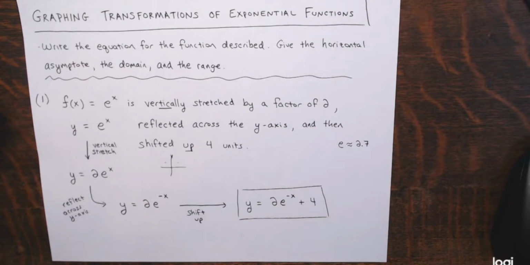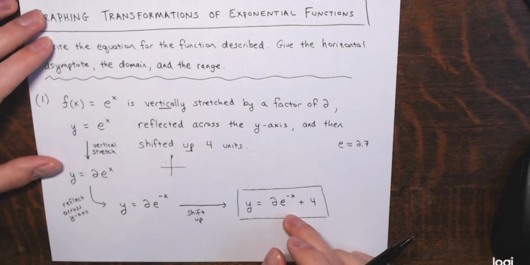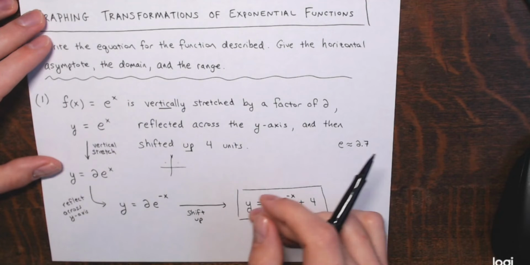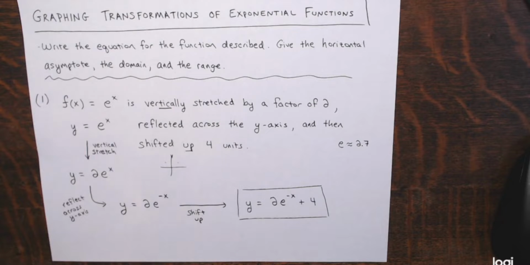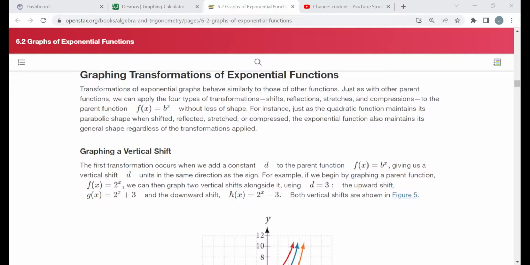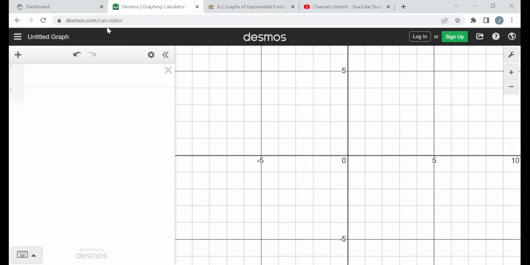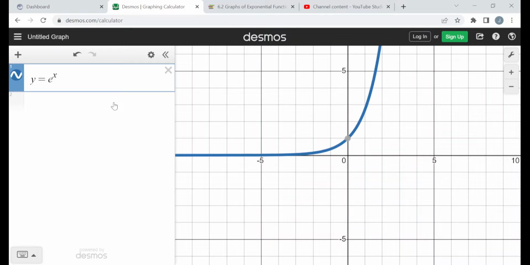Now let's take a look at this. I'm going to go through all the steps in Desmos, just to make sure that what they described is actually happening. So back to the website, desmos.com, a free online graphing calculator. Like I said, I'm starting off with y equals e to the x power. So you see this function here.